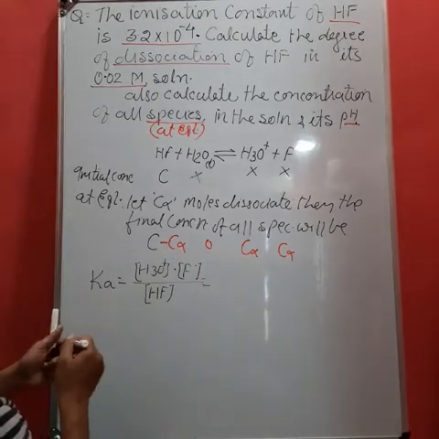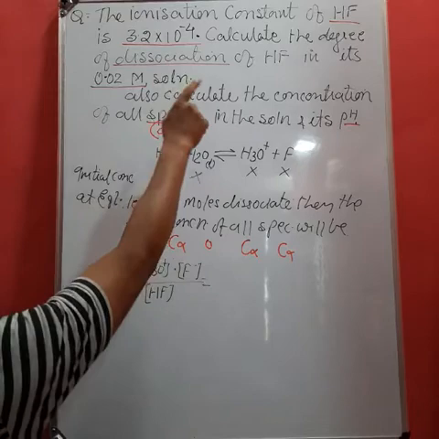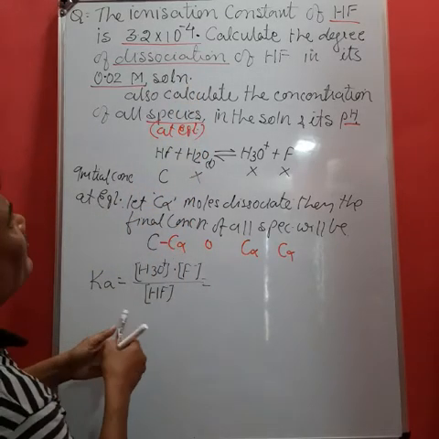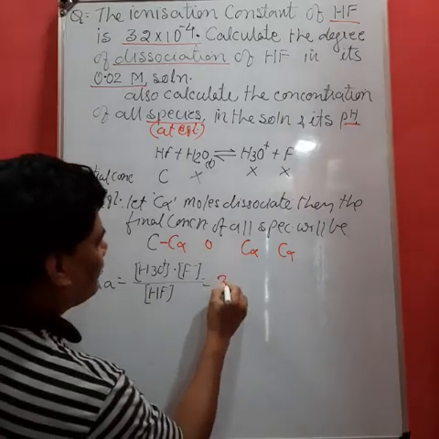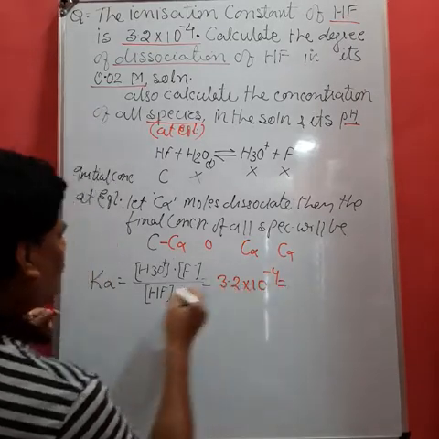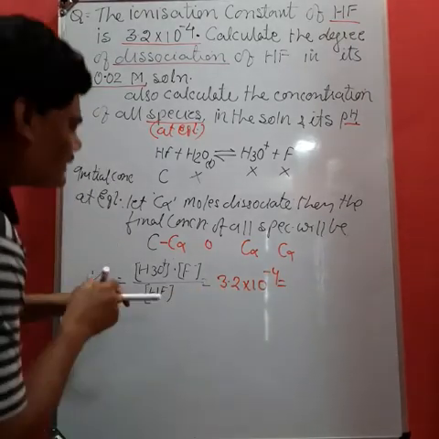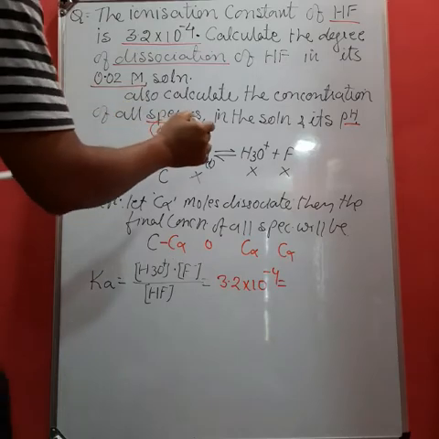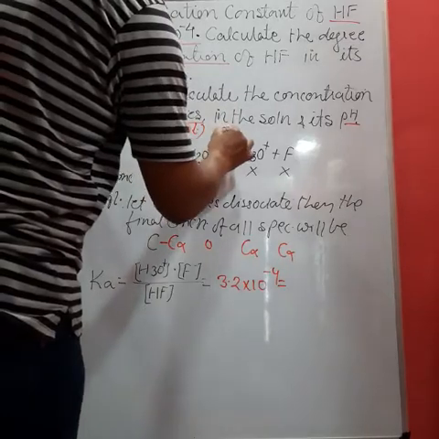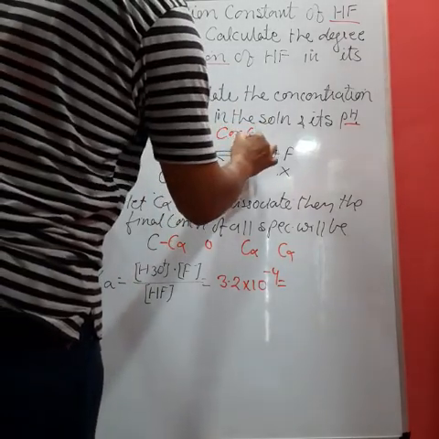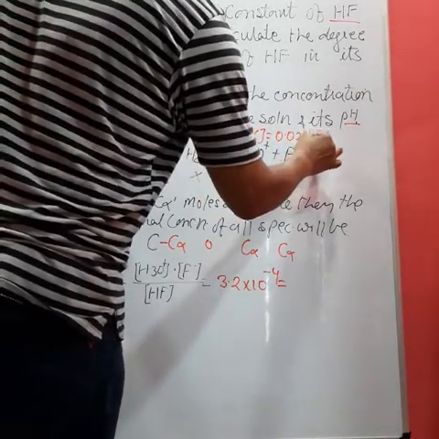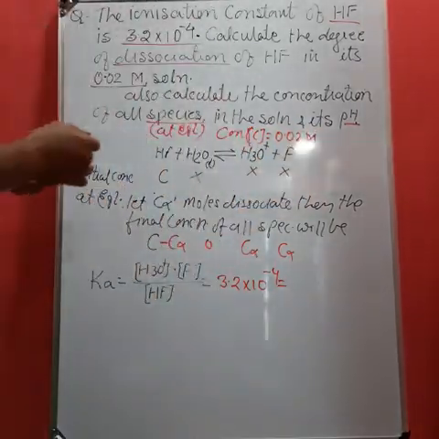The ionization constant of HF, the Ka value, is 3.2 × 10^-4. The concentration of the solution is given: C is equal to 0.02 M.